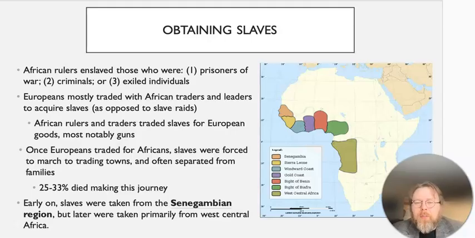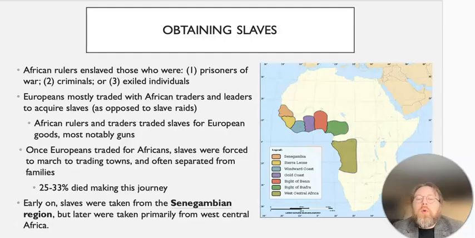There was always the possibility that the Africans could fight back and do a very, very good job of it. So working directly with local governments was seen as being the best and most efficient use of time and resources. So very often, African rulers and traders would trade slaves for European manufactured goods, especially guns.